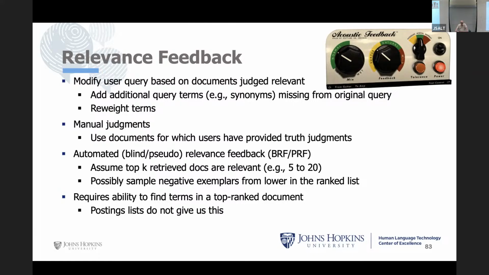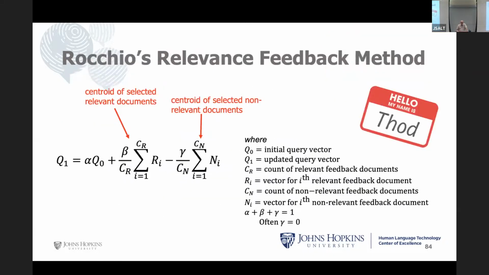So typically you'll take the top K documents, pretend they're relevant. Possibly you'll take some of the documents as not relevant, maybe not. Yeah, so there are really two main formulas that people use for relevance feedback. Rocchio is the older one. And basically in Rocchio, you find the centroid of the vectors for the relevant documents and add that into your query.